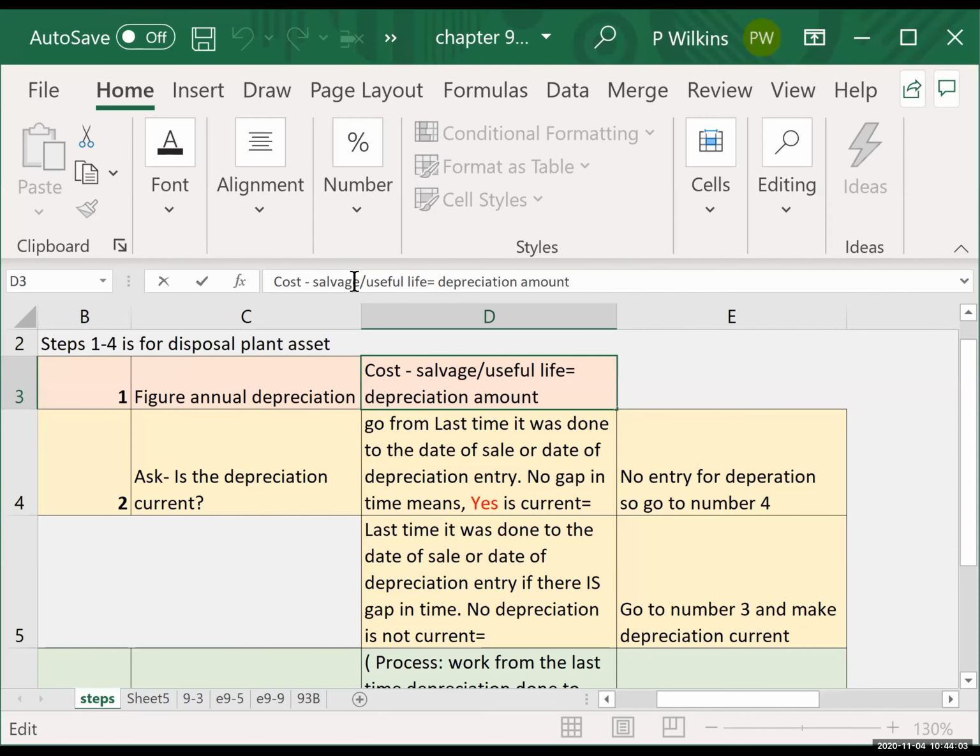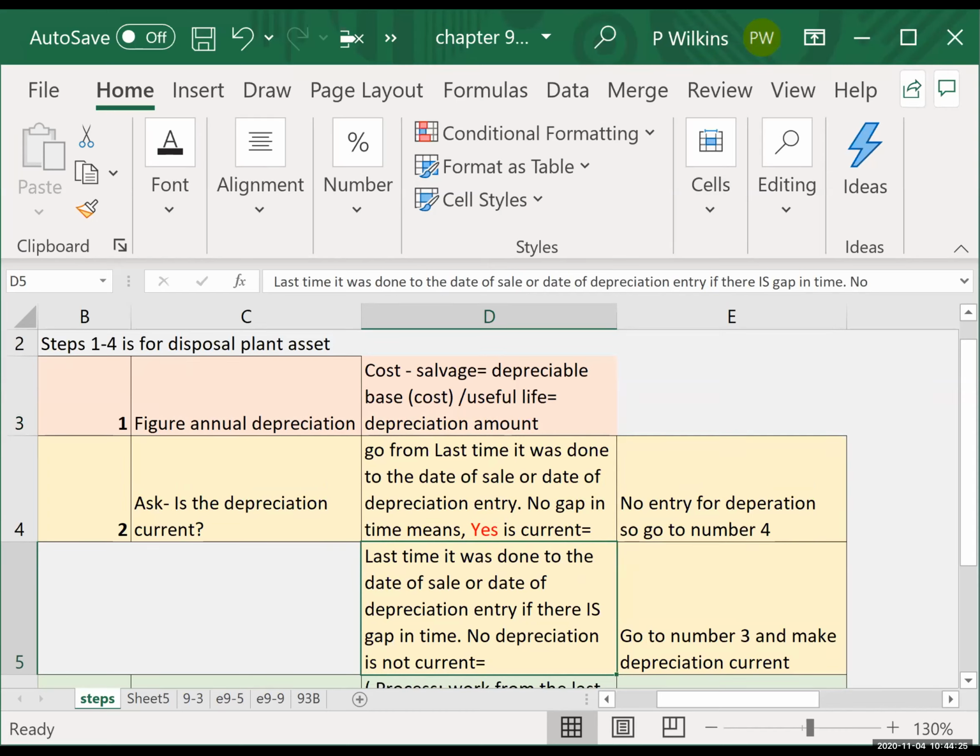Cost minus salvage value. I'm just adding this in. It would still be the same thing, but depreciable base, or what they call depreciable cost. It could be called either. Divided by useful life gives you the depreciation amount. Okay.